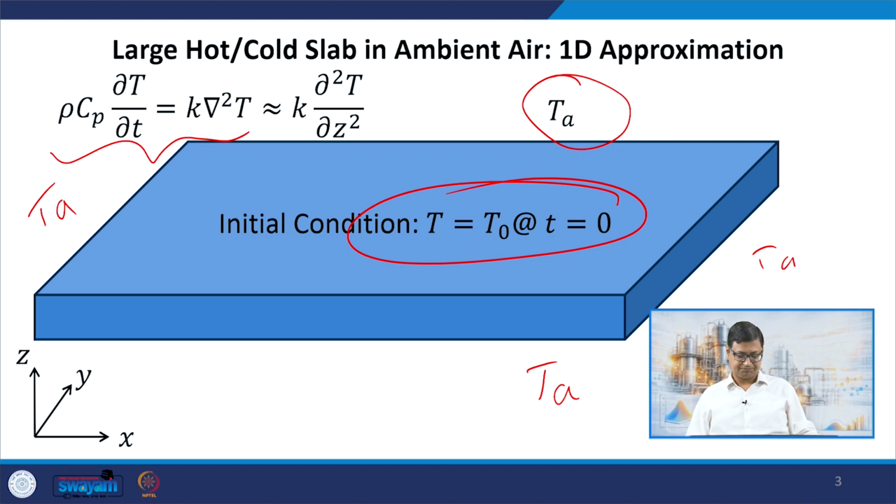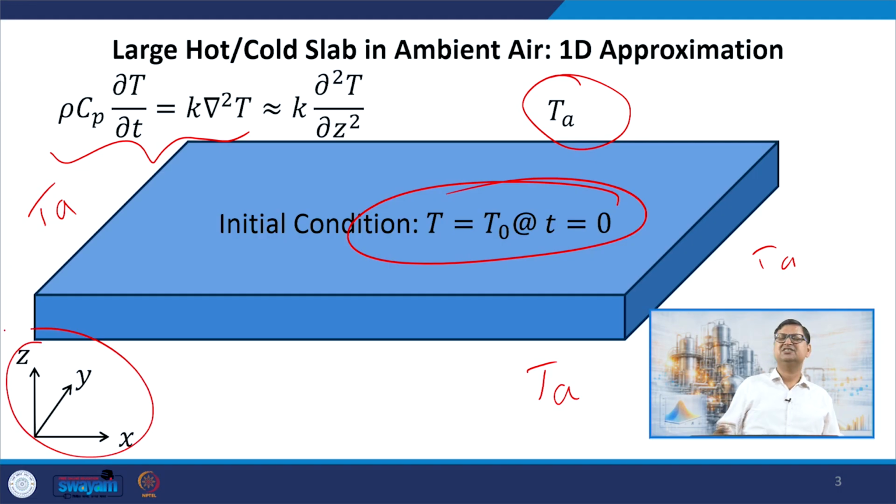and the sides. Now, if you look at the temperature gradients in the x, y, and z directions, I have a slightly different kind of coordinate system that I am showing here. So x and y are along the length and width, and z is along the thickness, right.